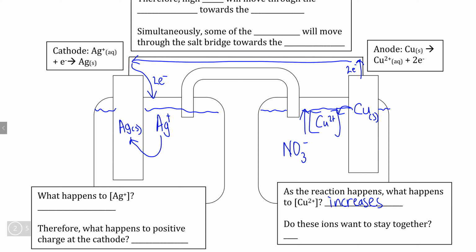The more Cu2+ ions we produce, the more positive charge we create. Now, there are a couple of problems with this because as our positive charge increases, there is only a finite amount of negatively charged ions dissolved within this solution, and eventually this amount of negative charge from dissolved ions like nitrate isn't going to be enough to balance the positive charge from the copper ions that we're making.